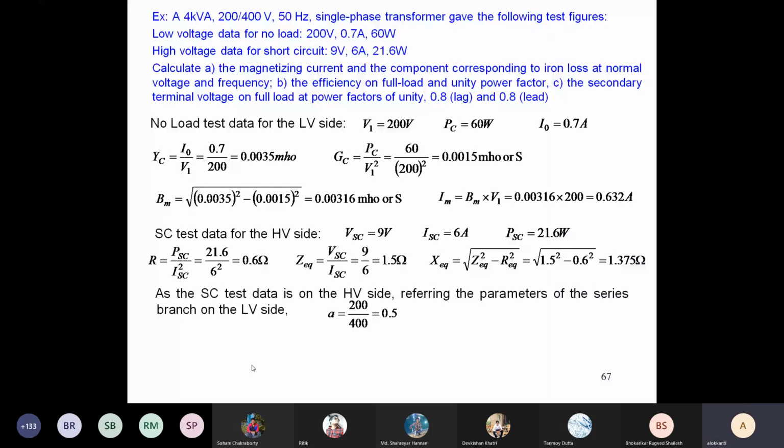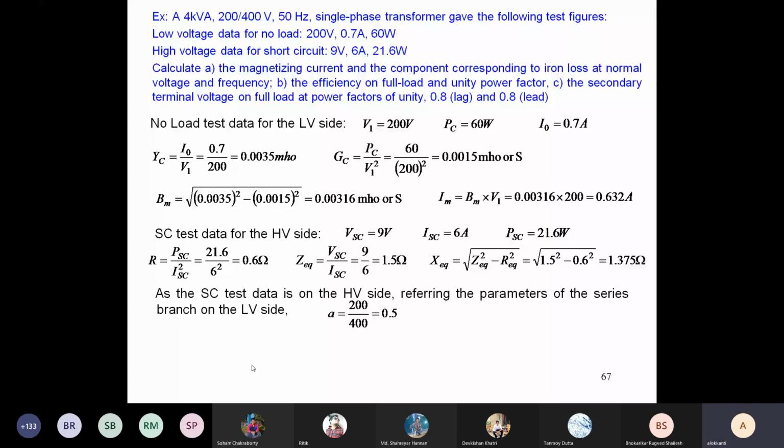So from the low voltage side to the high voltage side, this is basically the turns ratio. The low voltage is 200 and the high voltage is 400. So A is basically 200 by 400, which is equal to 0.5.